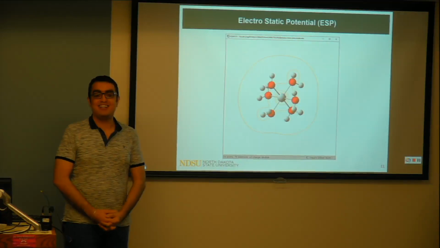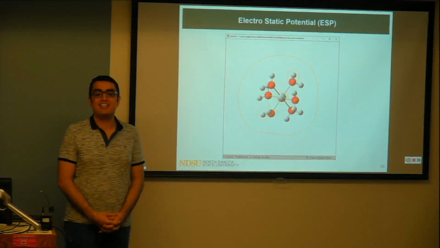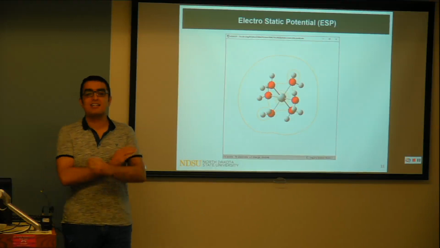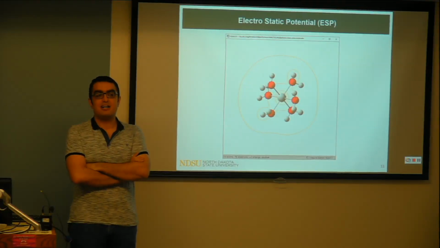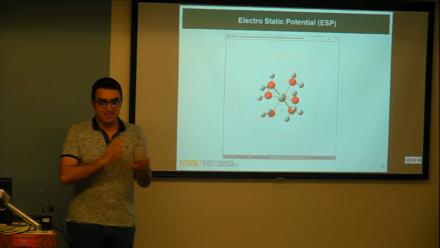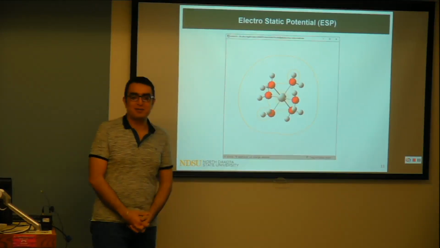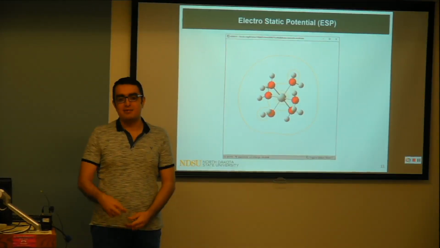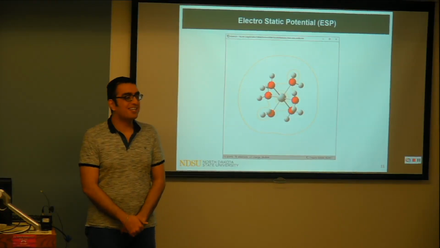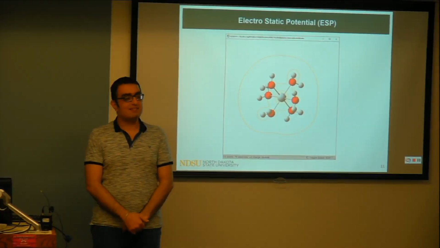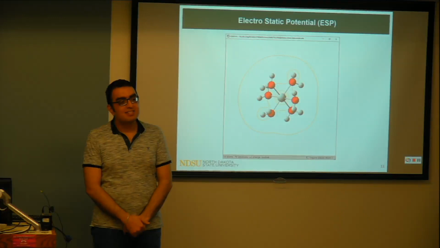In addition to Gaussian, is there any other software that you can use to visualize the isosurface? For sure there should be, because there were several options, but I'm not that familiar to give you more details. Someone in the audience may know. JMol?